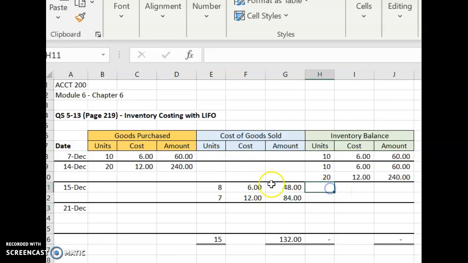Now, what do I have left? I had 10 from the December 7th purchase. I sold 8 of those. So 2 of those remain, right, at $6. I sold 7 of this group in the 20, so I have 13 of those left.